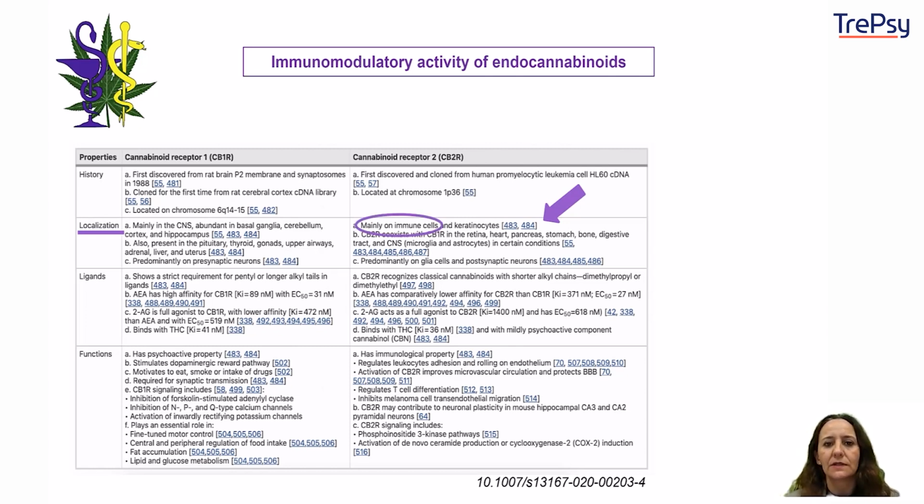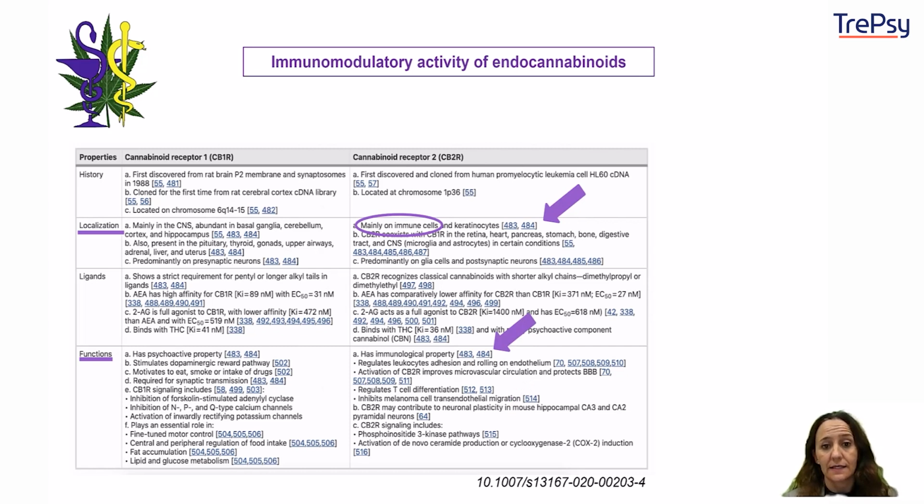This is very important because these receptors have a function in these cells, and we are going to see in more depth what the effect is, or why they are present in these cells. Well, this is a very important clue: the expression of this receptor, CB2, in immune system cells. Let's see, what are the functions?